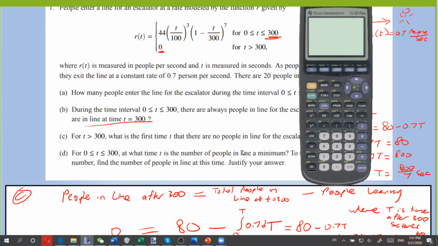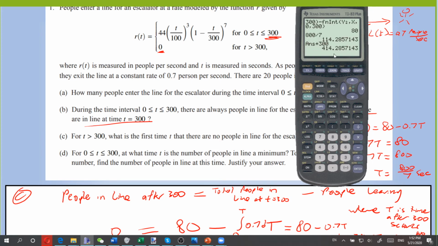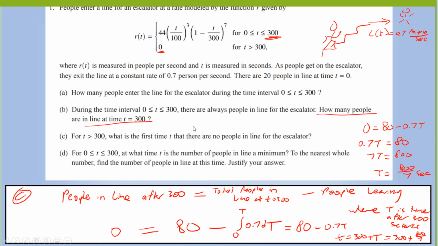Okay, so the first time that there are no people in the escalator would be 800 divided by 7 plus 300, which is time number 414.3 seconds after we started.